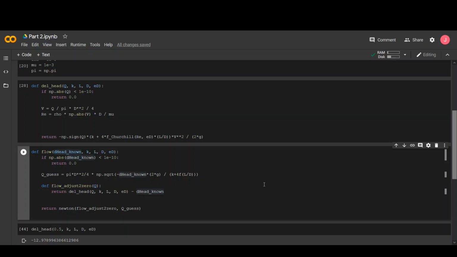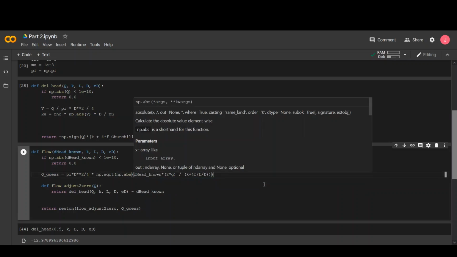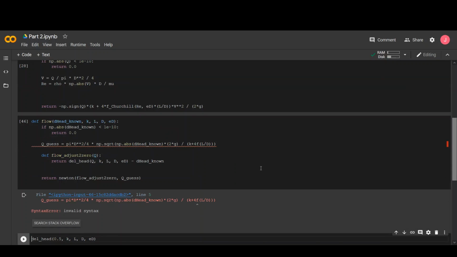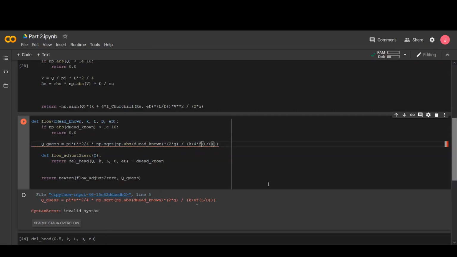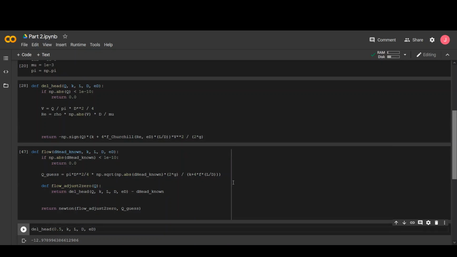That shouldn't matter. So let's take the absolute value of this delta head. Okay, invalid syntax. Oh, that's right. And this. Cool. So this should be correct now.